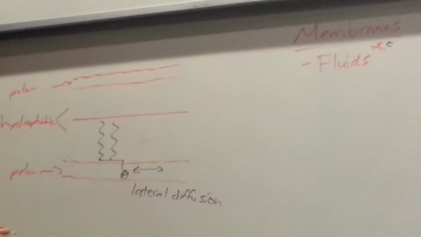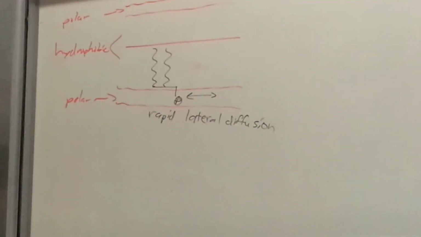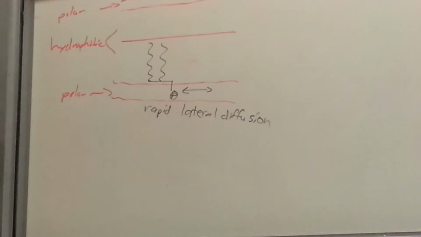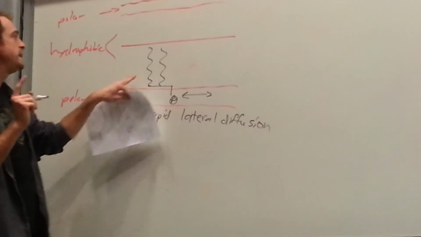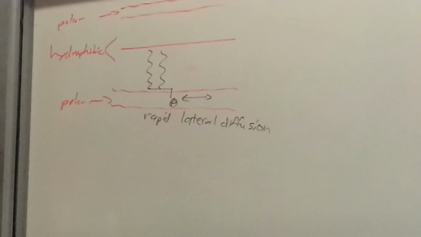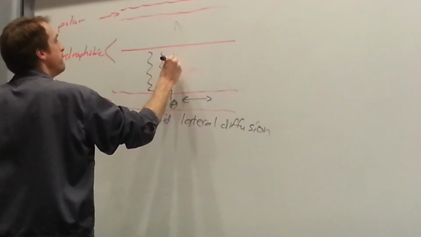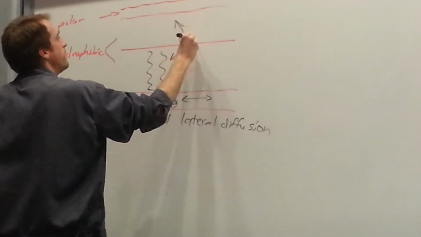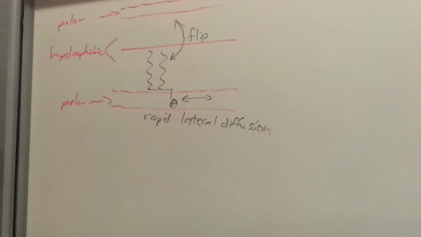Lateral diffusion is rapid in membranes. There's another degree of freedom that these membrane lipids are not allowed, and that is the ability to flip which face of the bilayer they're on.